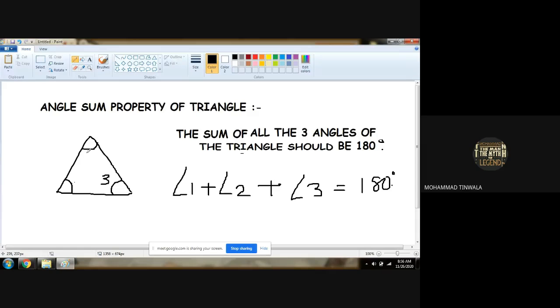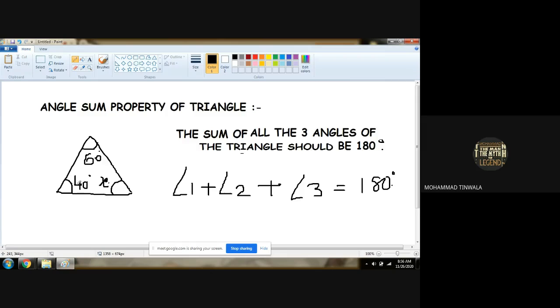So if one angle is given as 60 degree, another angle is given as 40 degree, and angle 3 we have to find out. We don't know what angle 3 is. The question will be like this. Over here it will be X, Y or Z, whatever it may be, or a question mark.